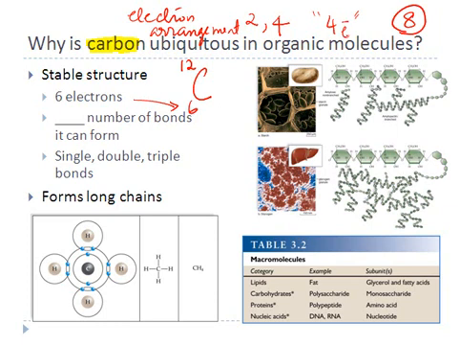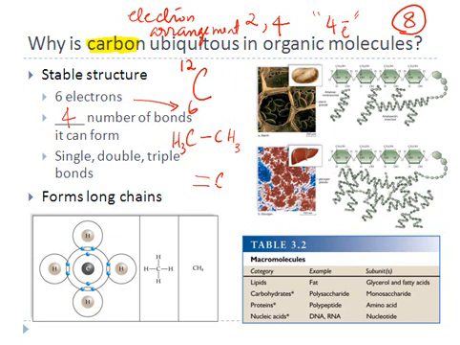Now, these electrons that are needed can be obtained by sharing of electrons between carbon and another atom, which results in 4 bonds that it can form. Now, these bonds that carbon can form can be either single. Notice I wrote 3 next to the hydrogens because there are 3 hydrogens that are filled up, and a carbon-carbon bond.